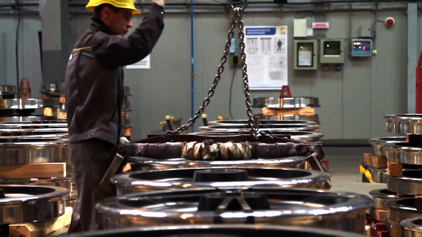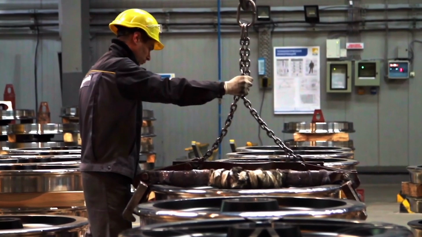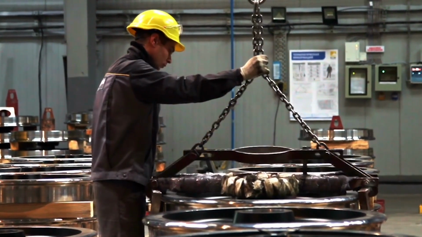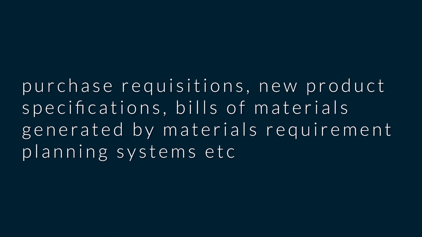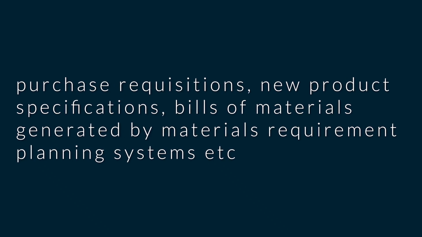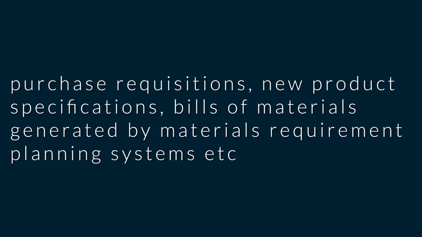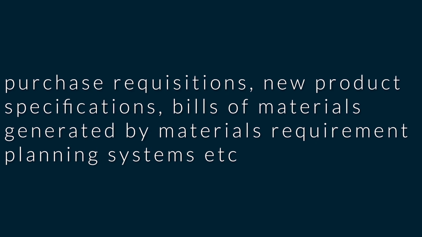Things like materials, components, energy, machinery, skills, all these are inputs. The people who need these will notify procurement through some form of communication, things like purchase requisition, new product specification, bills of materials generated by material requirement planning systems, etc.